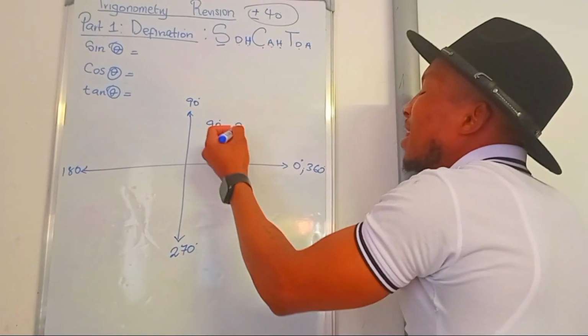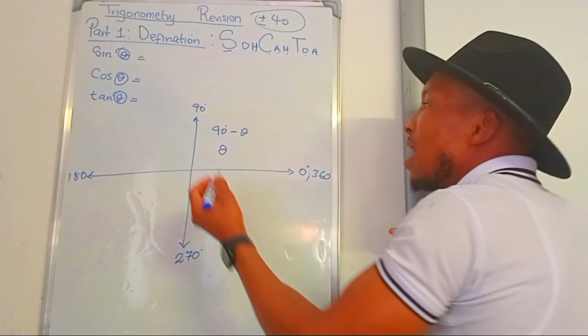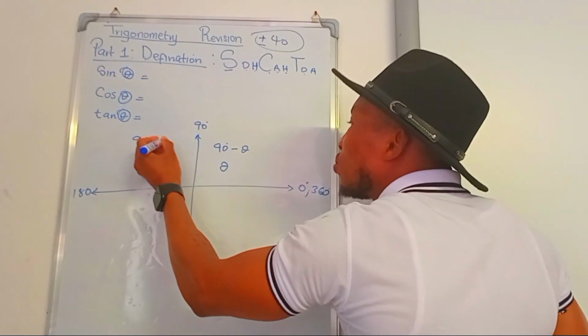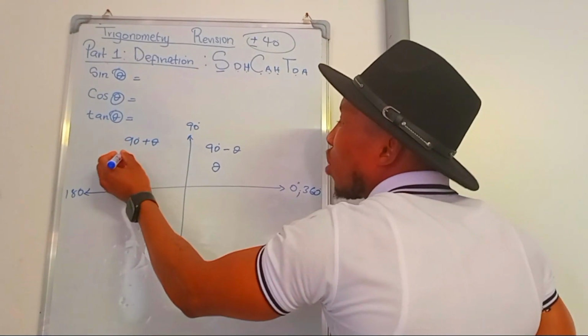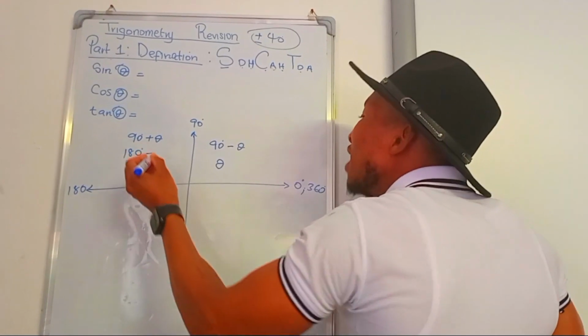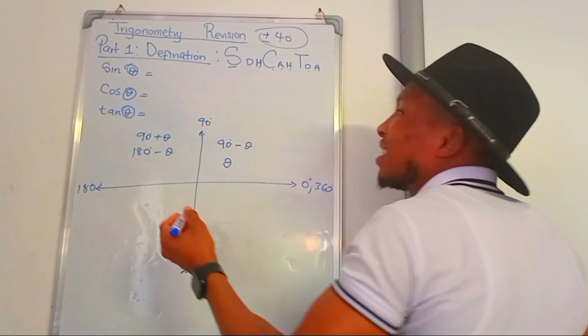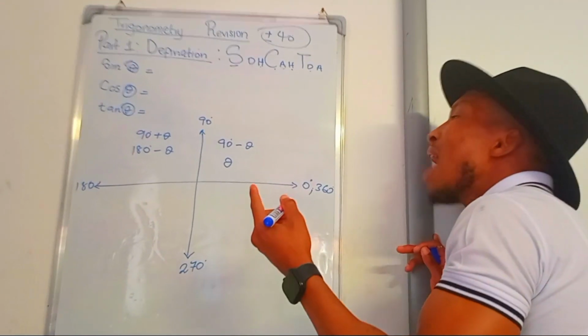Therefore, this is quadrant number 1, okay? And also here we have 90 degrees plus theta, and also here we have 180 minus theta. These are the reduction formulas that are telling us about a quadrant.